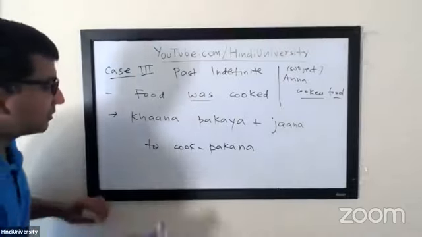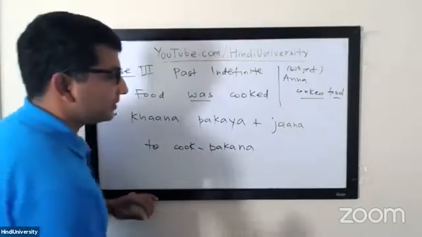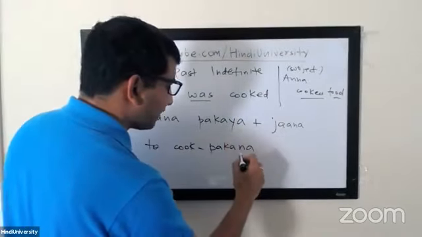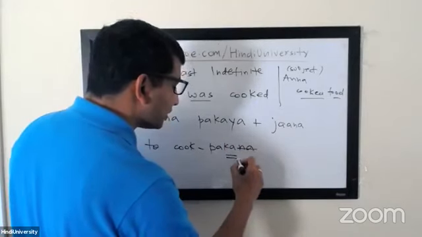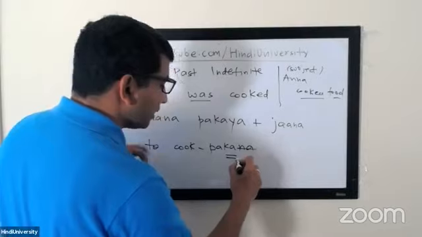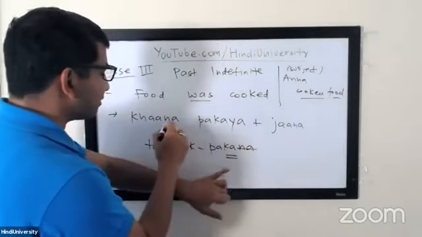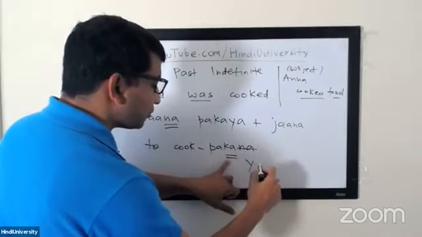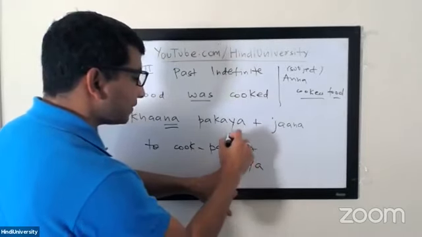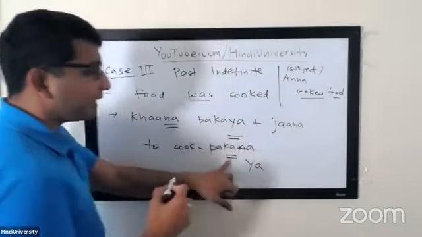I think this is irregular now, right? So it becomes gaya. That's right. So first part is she removed the na and she noticed that there's a vowel sound to it. Paka, and now she's saying because it's khana, masculine singular, she can put ya at the end of it. So it becomes khana pakaya.